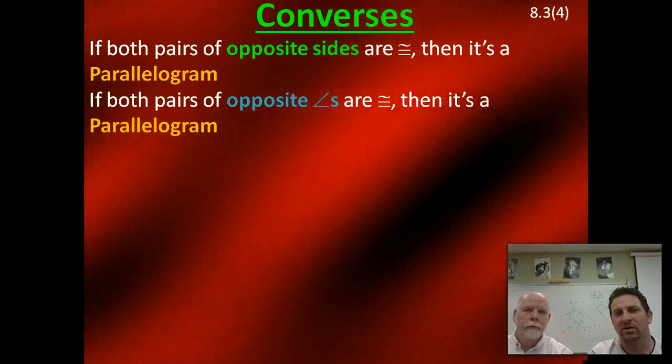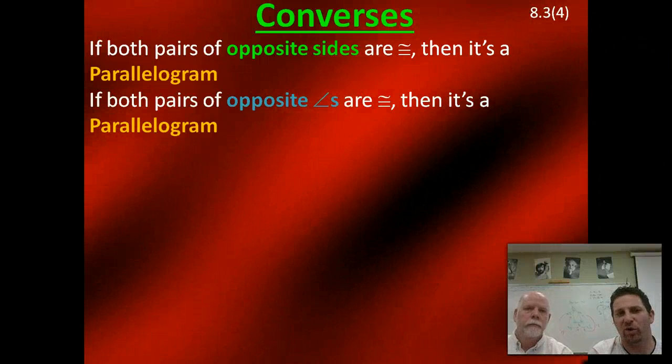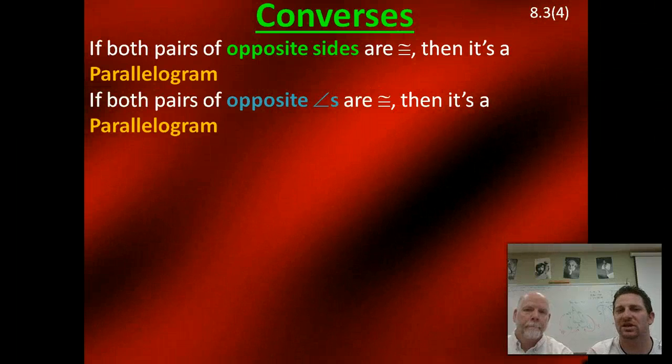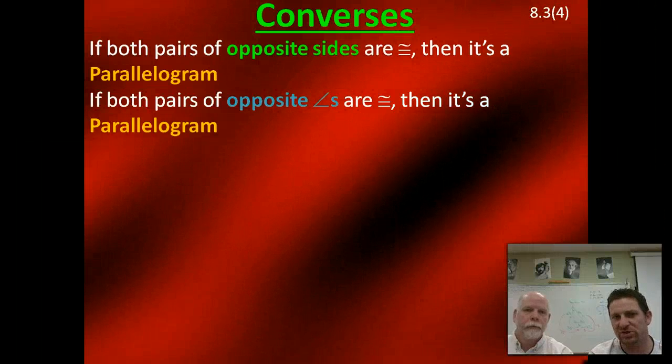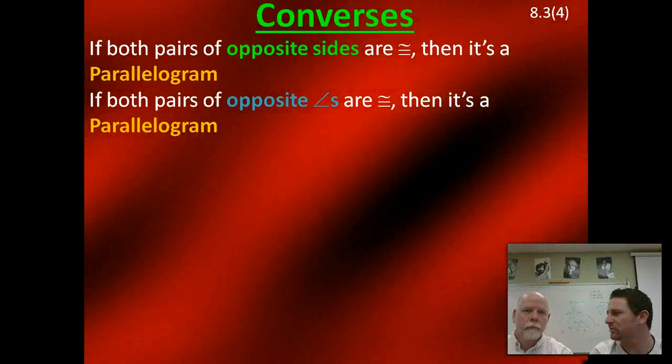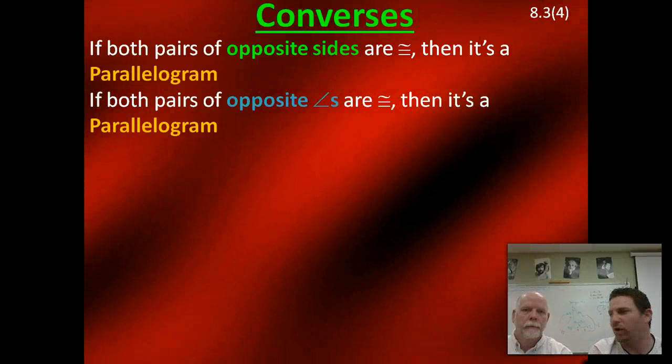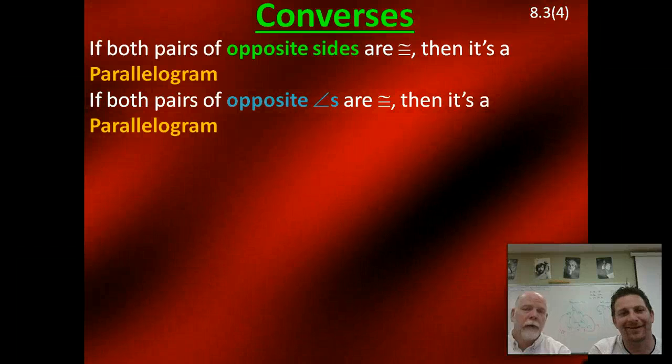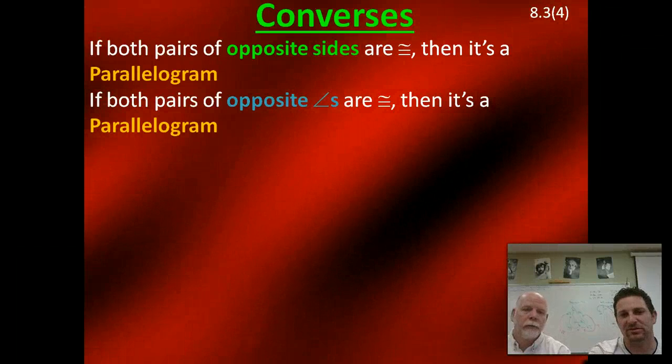And if both pairs of opposite angles are congruent, then you can also assume that it's a parallelogram. So if they just give you angles, or a quadrilateral with congruent opposite sides, you can decide what shape it is based on that. It's just backwards, based on what you're given.